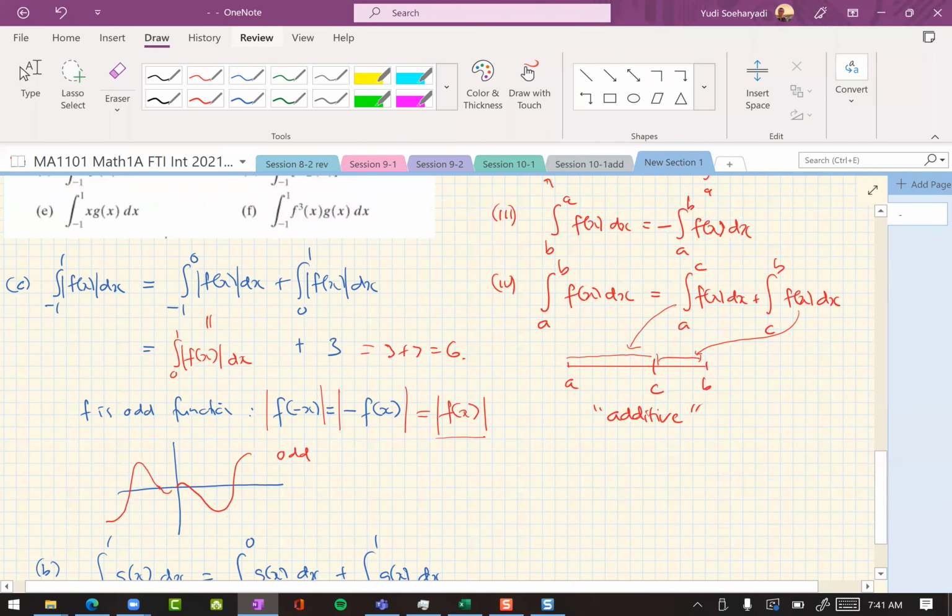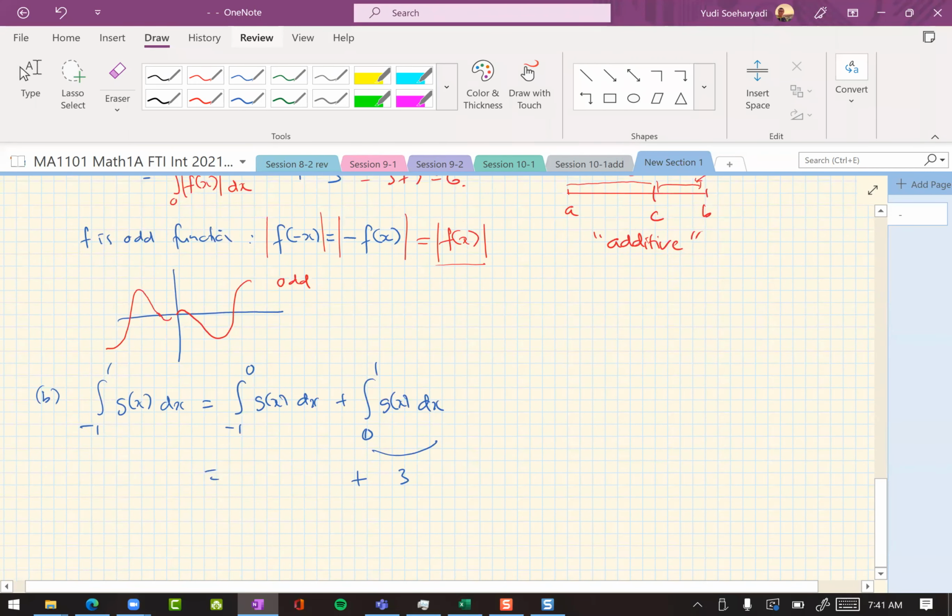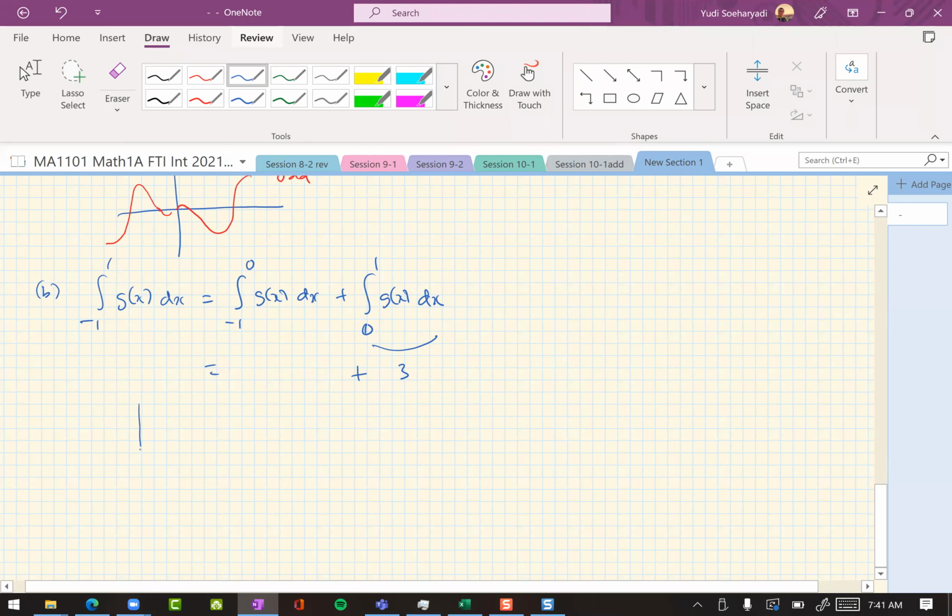meaning if you have an even function, if you have this one, and then just copy this one to the other side. So just turn it around and then you have this one.